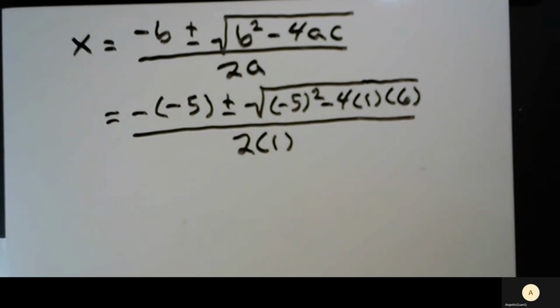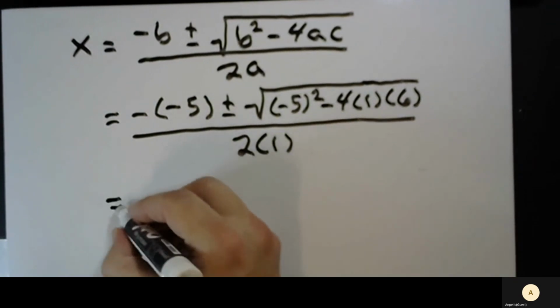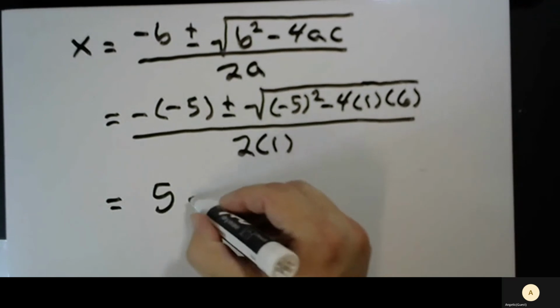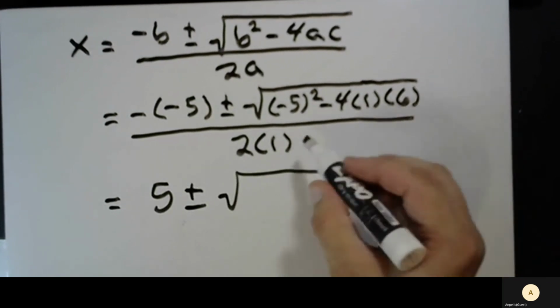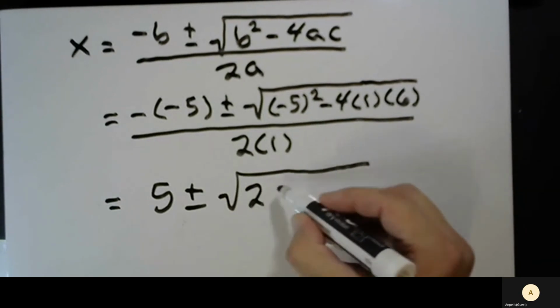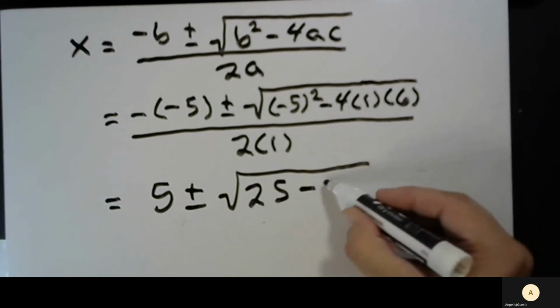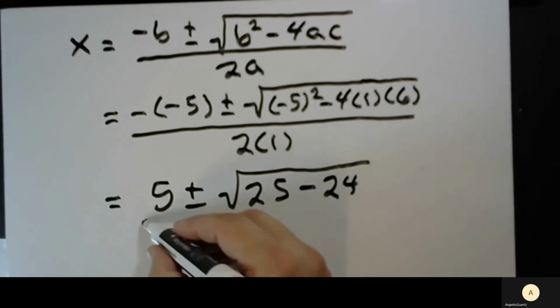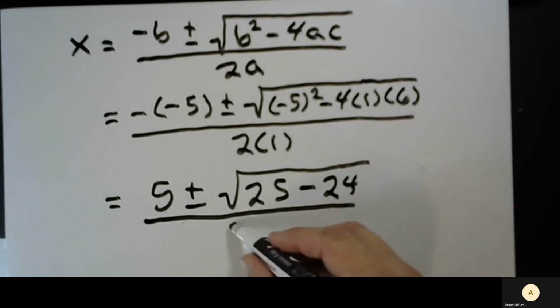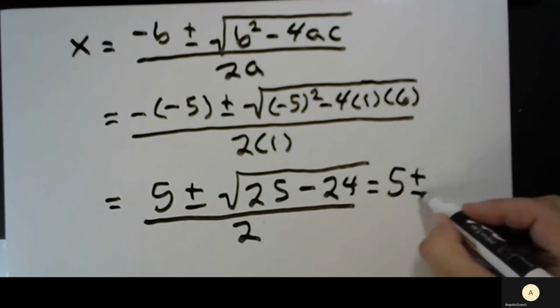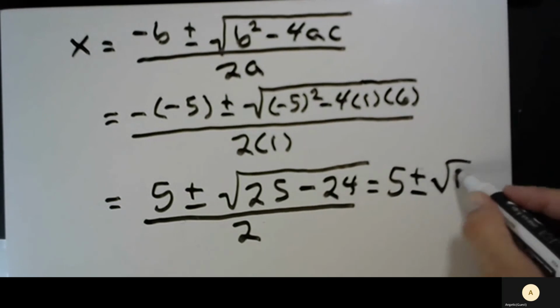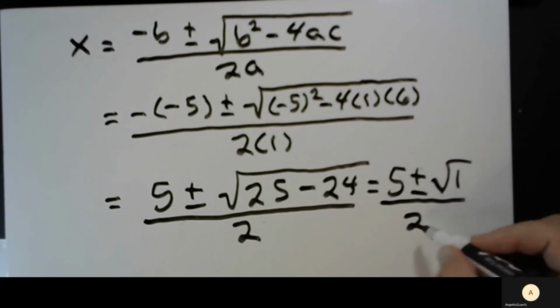So negative and negative is a positive. Negative 5 squared is 25 minus 24 over 2, or 5 plus or minus the square root of 1 over 2.